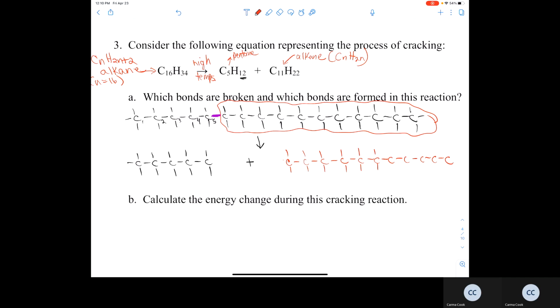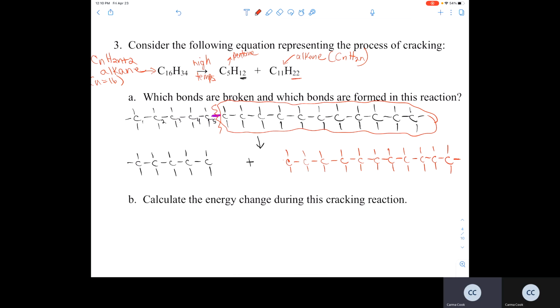And so this is where the two pieces are split. And so this piece has 1, 2, 3, 4, 5, 6, 7, 8, 9, 10, 11, 12, 13, 14, 15, 16, 17, 18, 19, 20, 21, 22, 23 hydrogens.